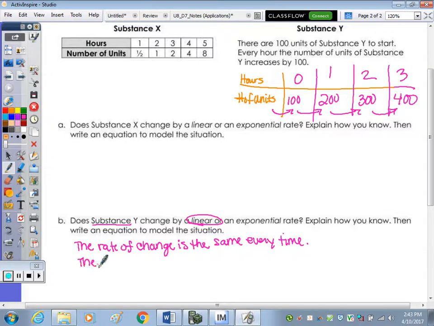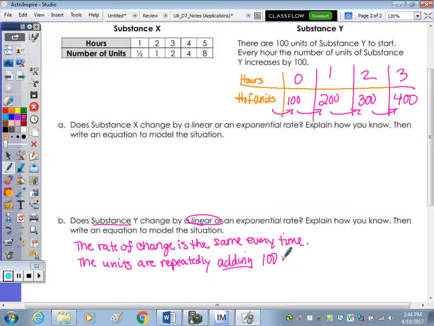Okay. The Y values. Or actually, I'm going to use the variable in the problem. The units of the substance are repeatedly adding how many? Good.